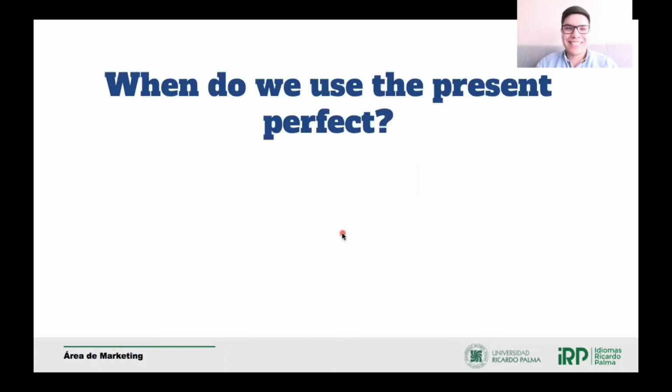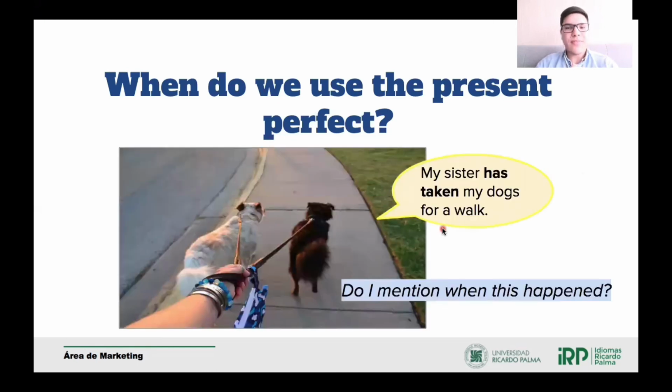Very good. Now, when do we use the present perfect? We haven't talked about this. We have two cases. Look at this picture, the first picture. My sister has taken my dogs for a walk. Do I mention when this happened?